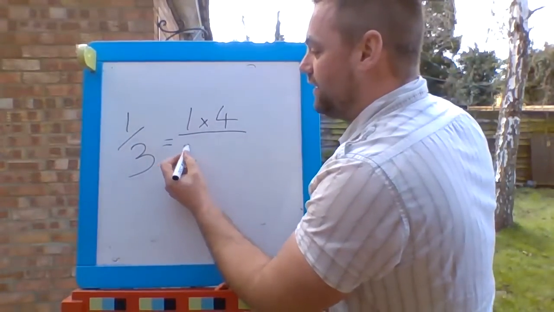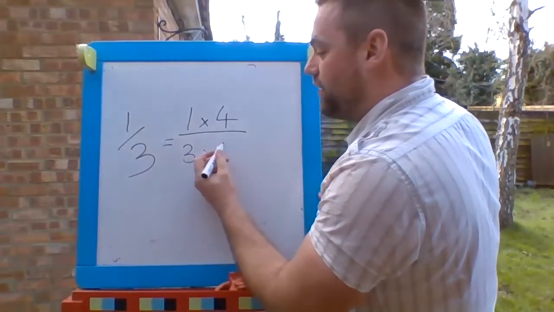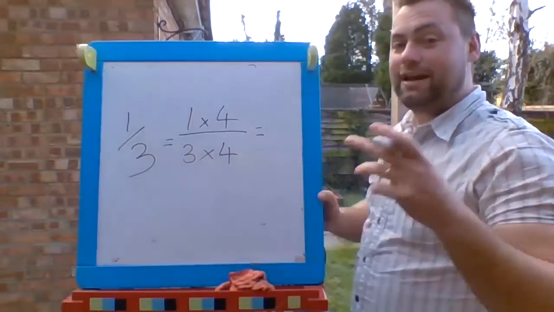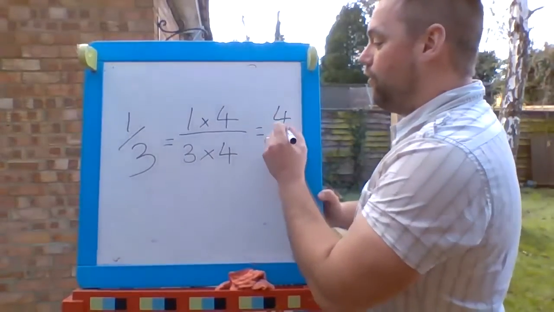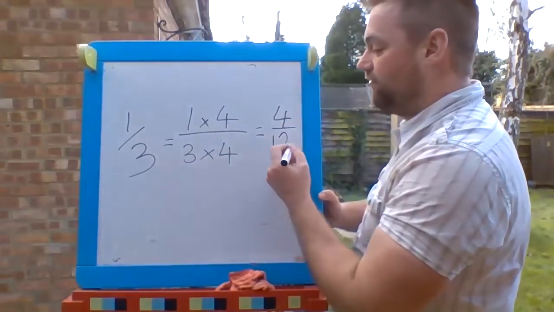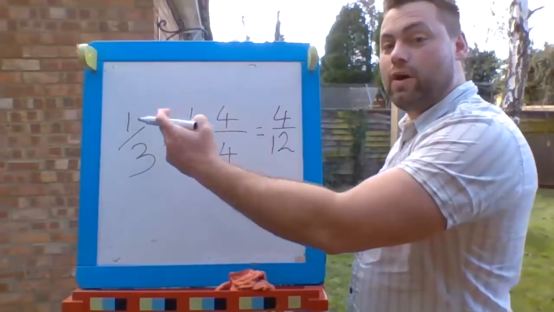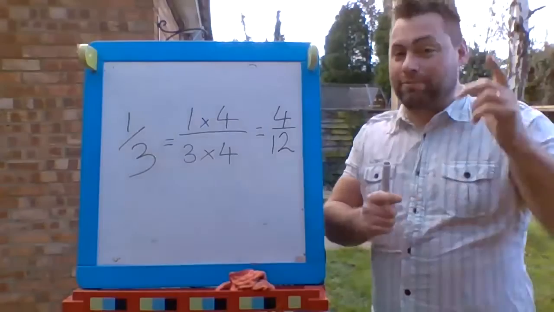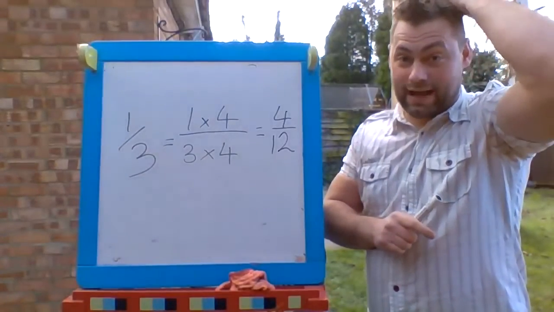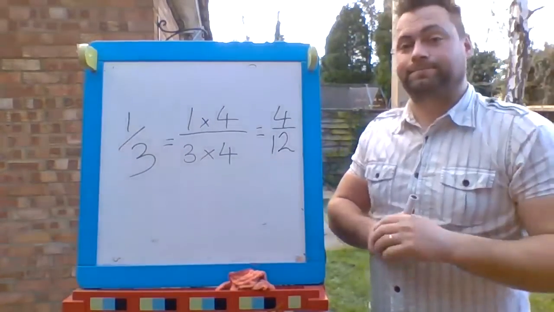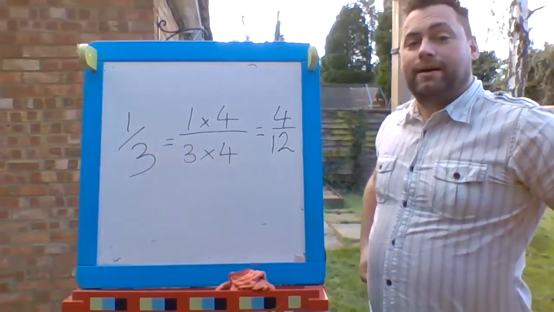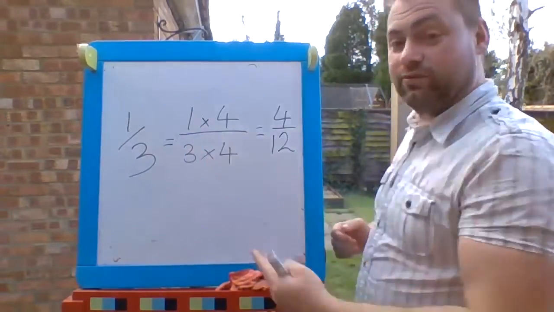So I could then times my 3 by 4 as well, and that gives me a fraction of 4/12. 4/12 is the same as 1/3. And if you were to draw that in a picture, you could do that and work that out yourselves. It's exactly the same, and that's just a way of showing it.